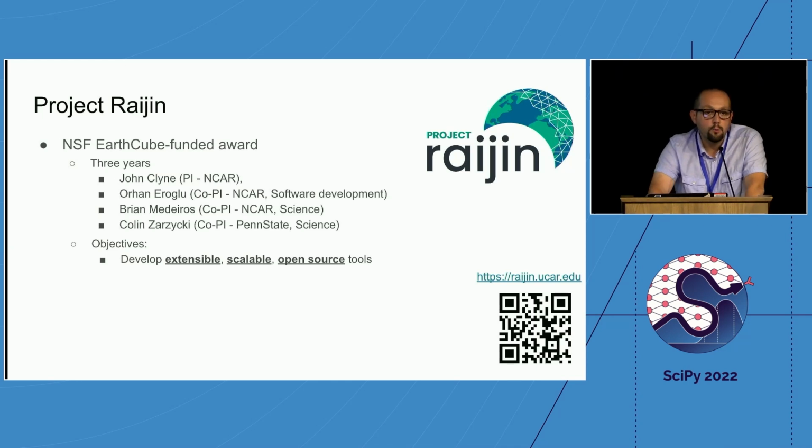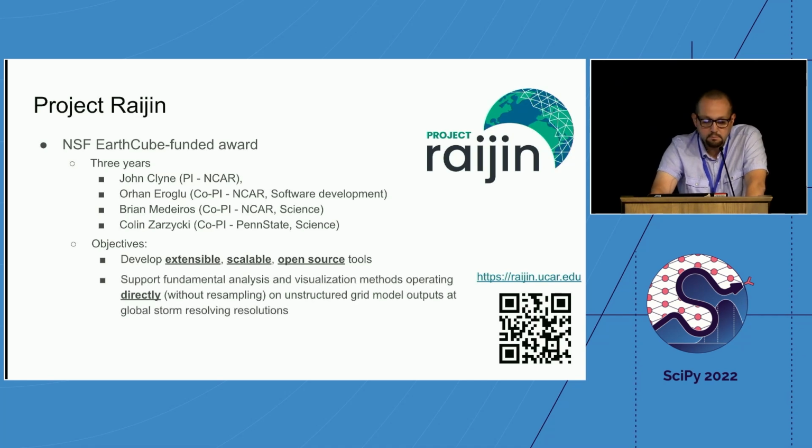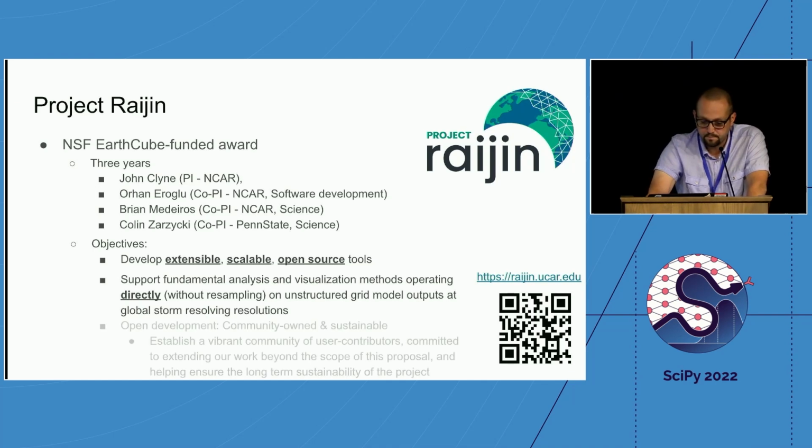So it has similar objectives to the original GeoCAT, but specifically on unstructured grids. We want to develop extensible, scalable, and open source tools, and support the fundamental analysis and visualization landscape for directly working on unstructured grids without needing to regrid to structured.